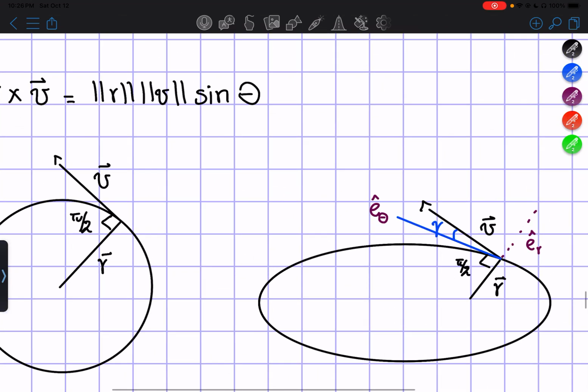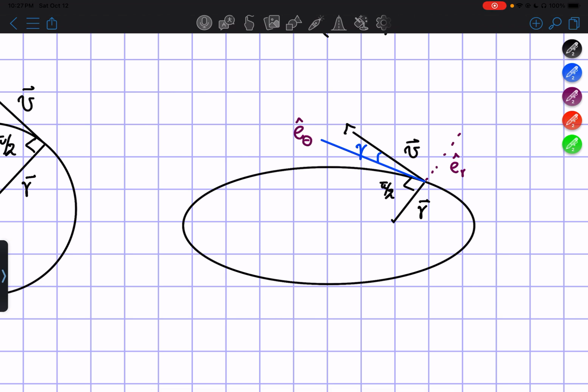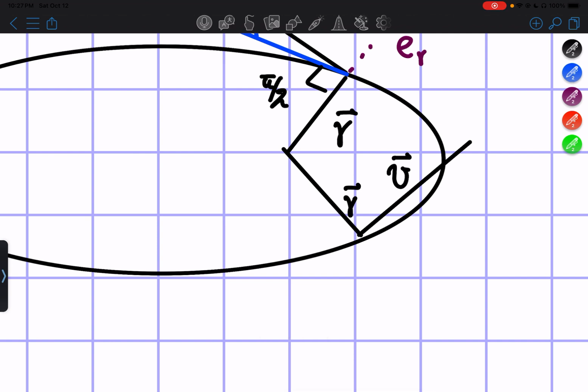So I'm just going to start writing r and V without the subscript. Technically, there's a symbol on top to indicate that it's just the magnitude. Anyhow, sine of, we said, pi over 2 plus gamma. And this also works if we're on the other side, because if we have the other side, this part here is still r, then my velocity vector will be this one here, and it has an angle of gamma from e_theta here.